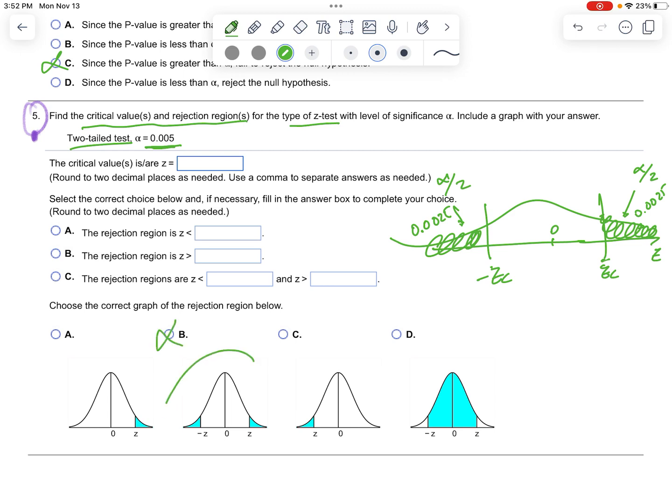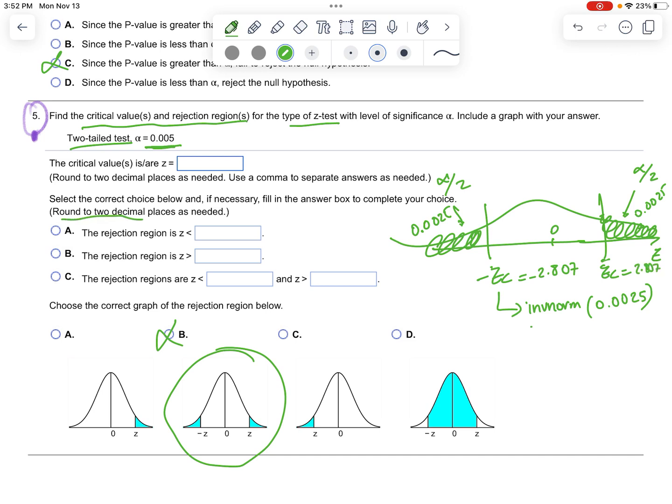So it's this guy. This is it. The question is, what is this guy? You do inverse norm. We already know. Area to the left, 0.0025. Okay? So you do that. Inverse norm, 0.0025. So this guy is negative 2.807. This is 2.807. All right?